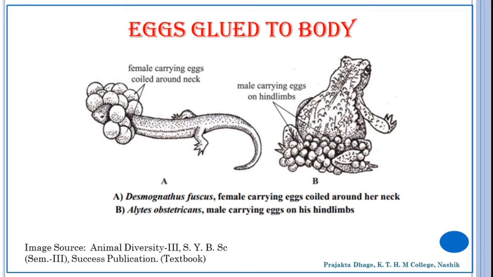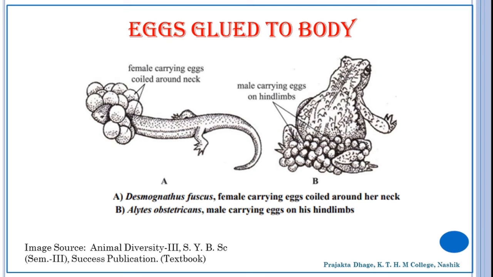In the dusky salamander Desmognathus fuscus, the female carries the string of eggs coiled around her neck. So this is a string of eggs which will be coiled around her neck, and she is going to carry them until they are hatched.